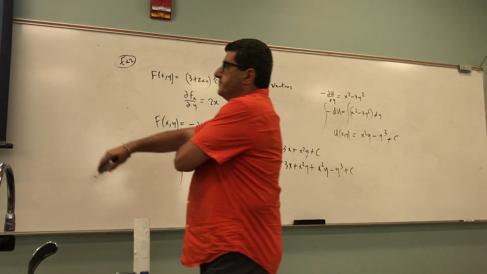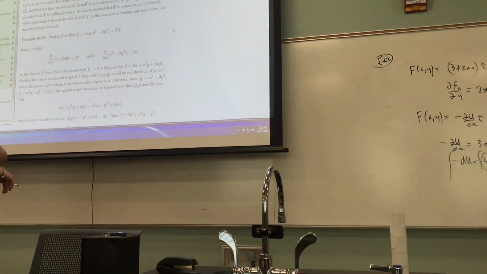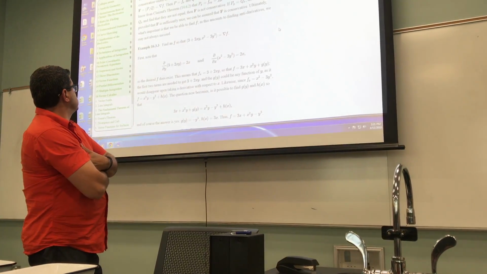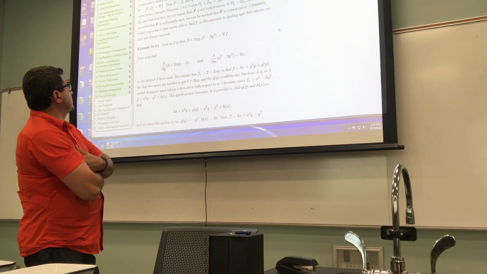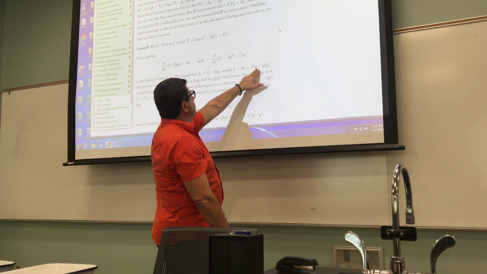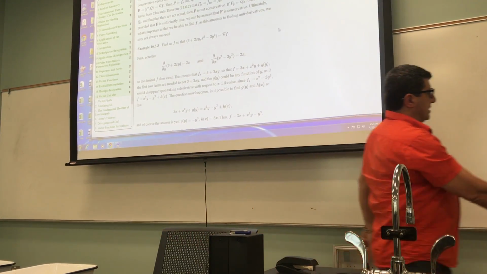Let's see what they do. So you just write out what the respective variables or constants are. This means that since F of x is 3 plus 2xy, f is 3x plus x squared y, right?